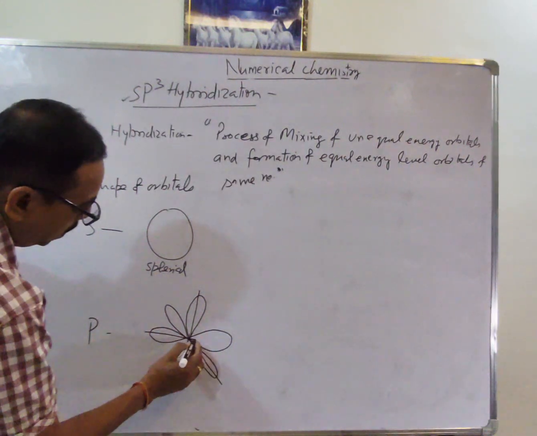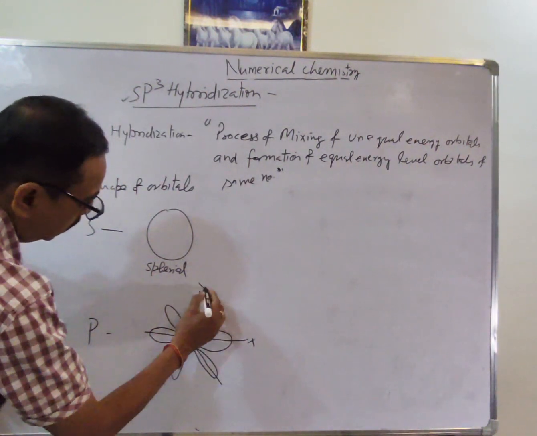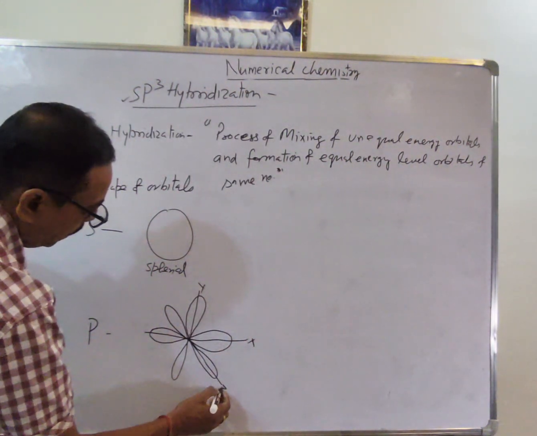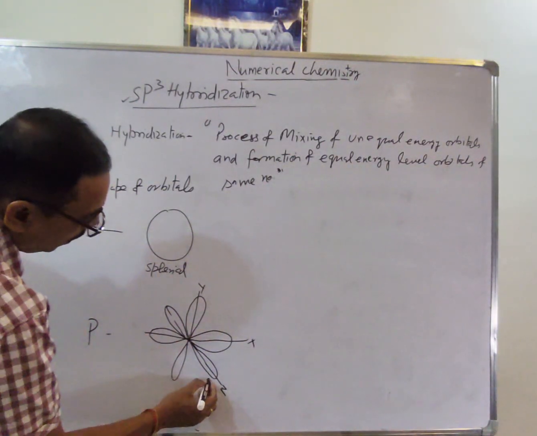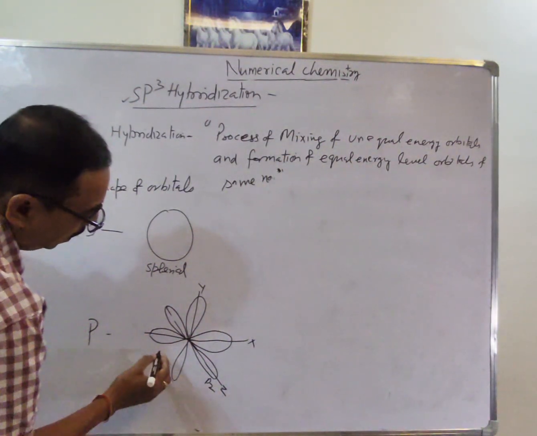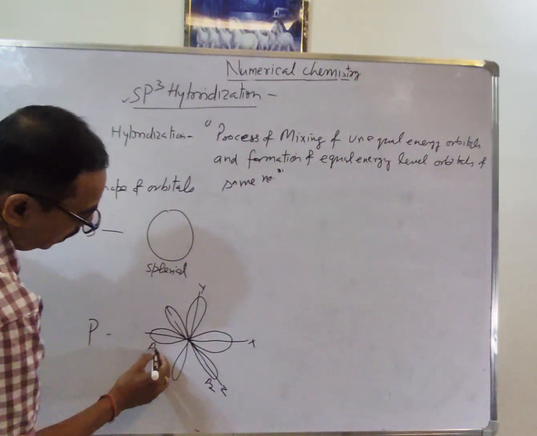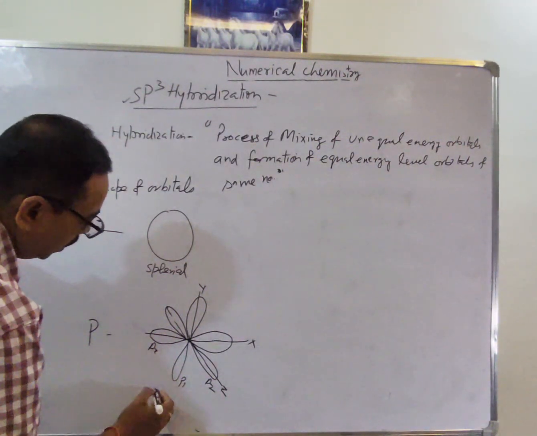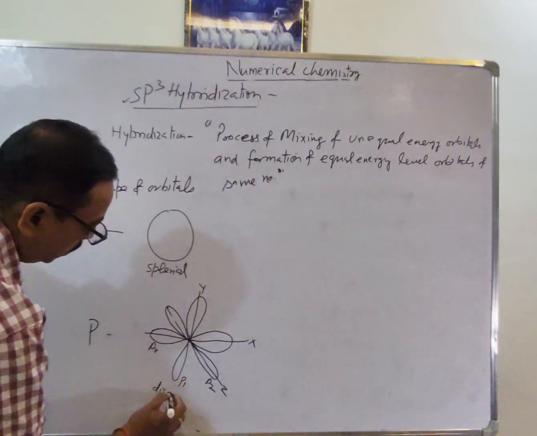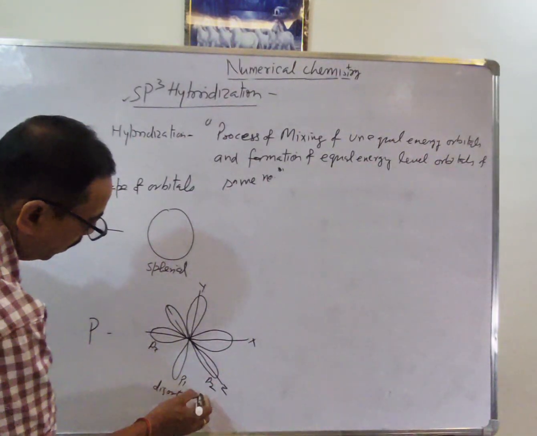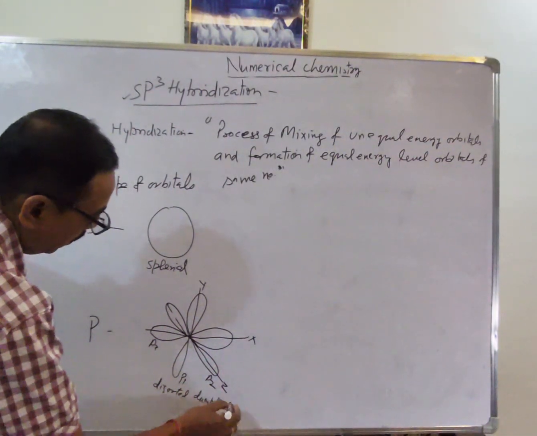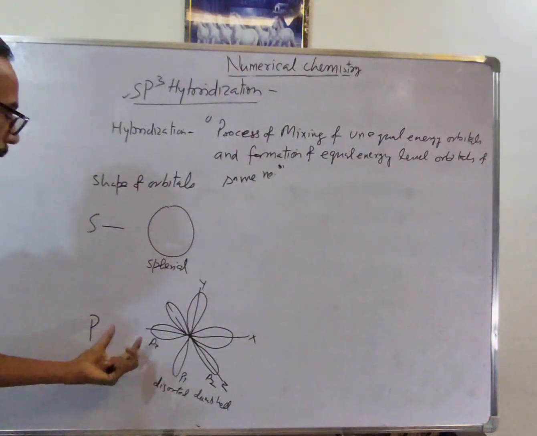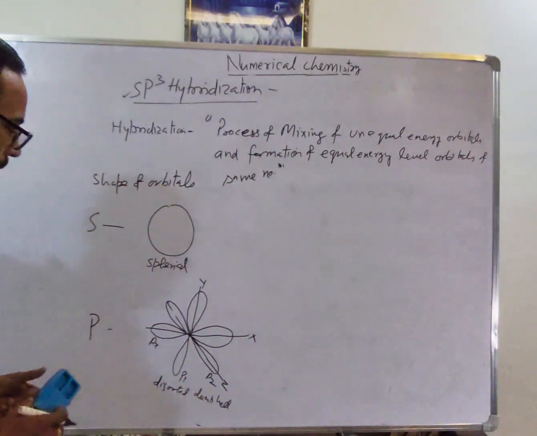This orbital is called pz, px and py. These are distorted dumbbell type.